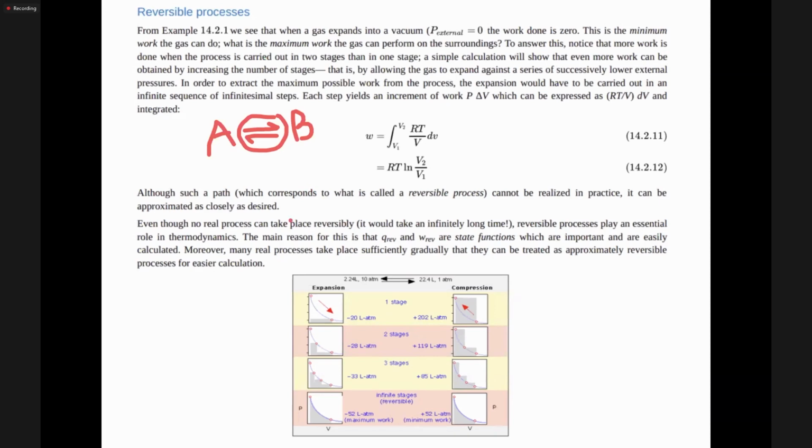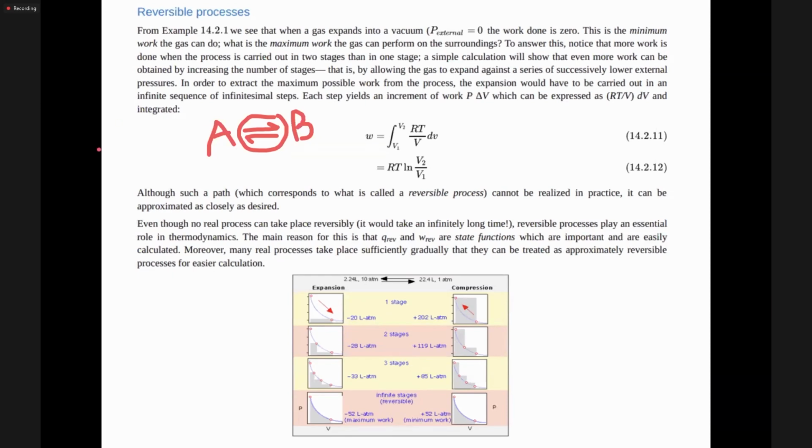In case of reversible processes, A can be processed to B and B can come back to A, like a reversible chemical reaction you might have seen. So what happens in this case? For example, if a gas is expanding against an evacuated space or vacuum.